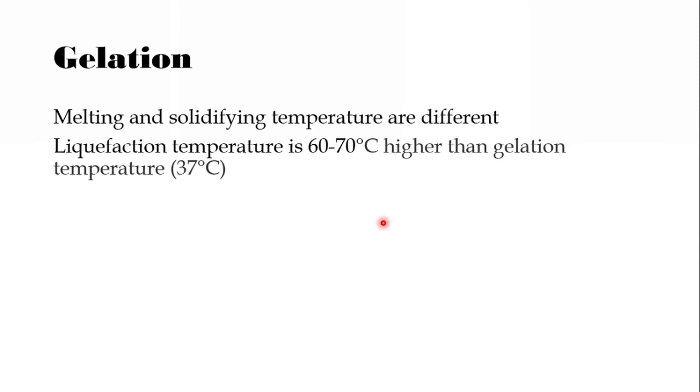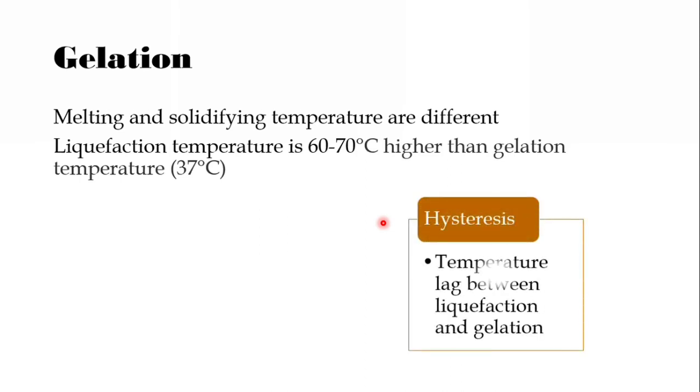Now, for agar, the liquefaction or melting temperature and the solidifying temperature are different. The liquefaction temperature is around, as I told you, 100 degrees Celsius, like we can keep it like that. It's around 60 to 70 degrees Celsius higher than the gelation temperature, which is 37 degrees Celsius. Now, this lag between these two temperatures is called hysteresis.